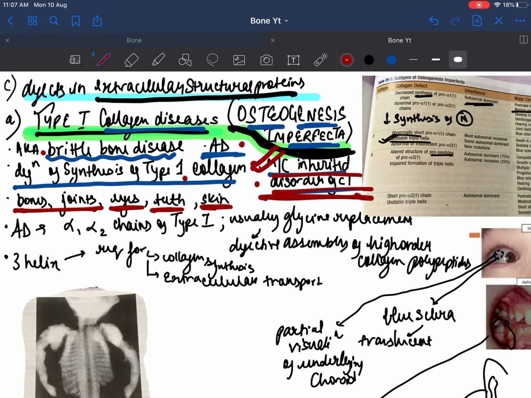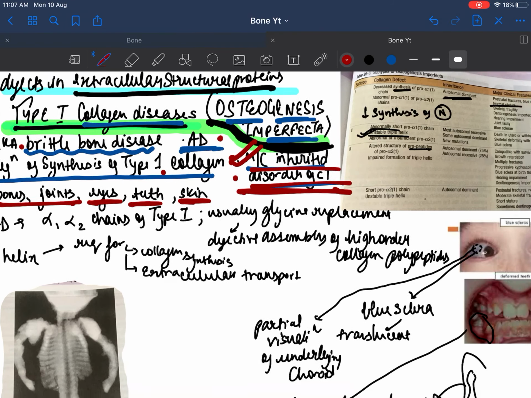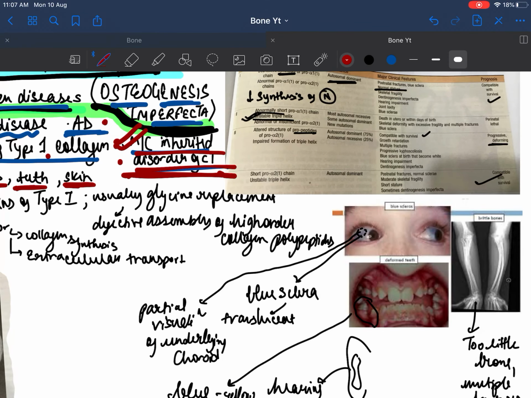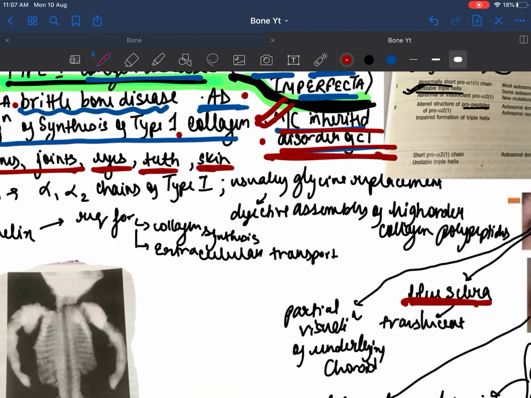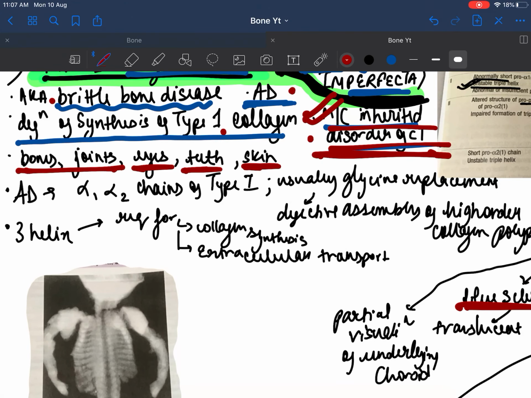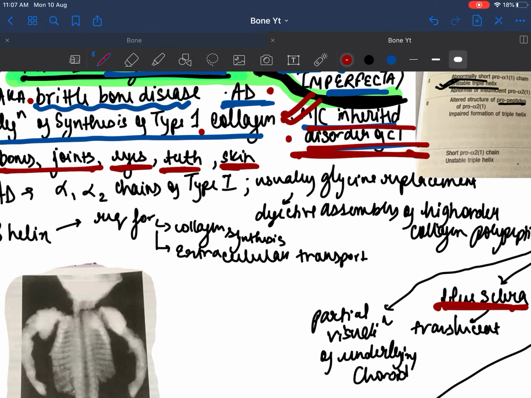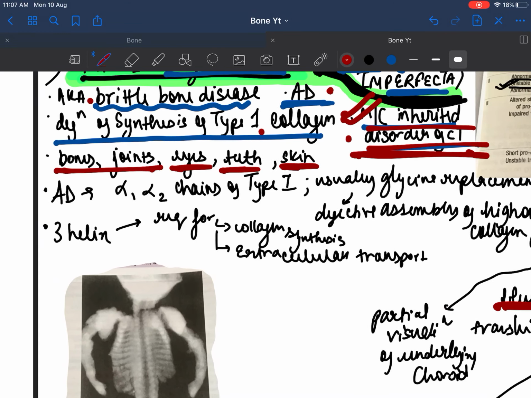He will have a lot of pain in the joints and bones, and when you view the eyes in sunlight, you will see a blue sclera. This is very typical of osteogenesis imperfecta. So bones, joints, eyes, teeth, and skin. I'll tell you about the clinical manifestations later.